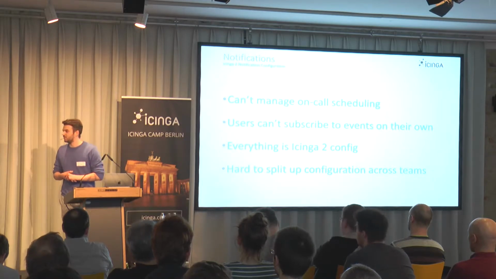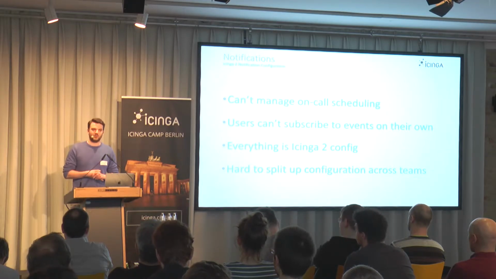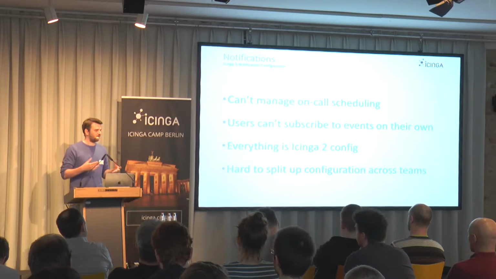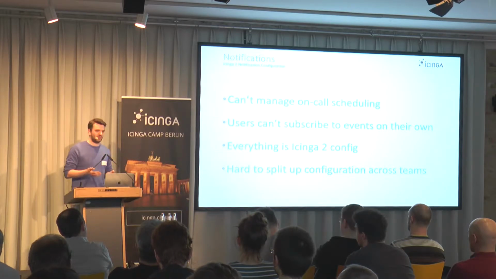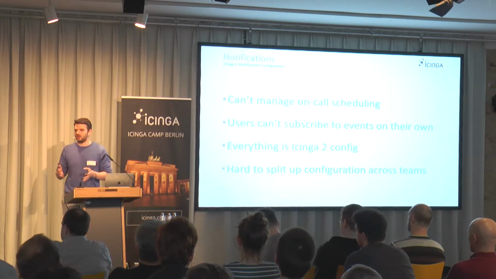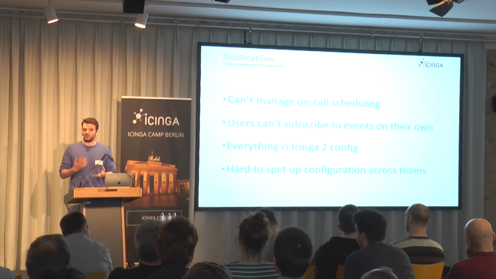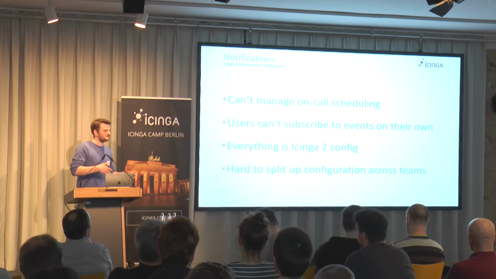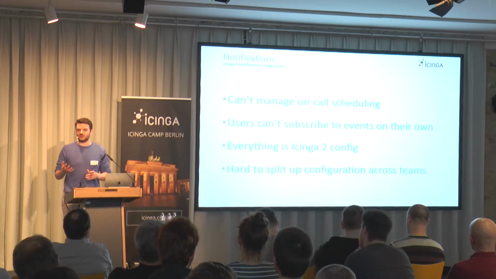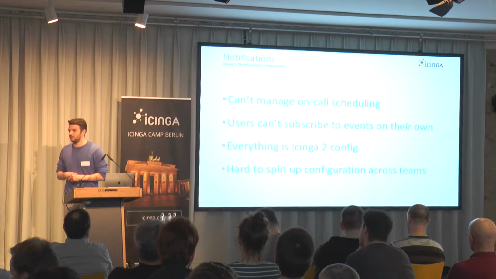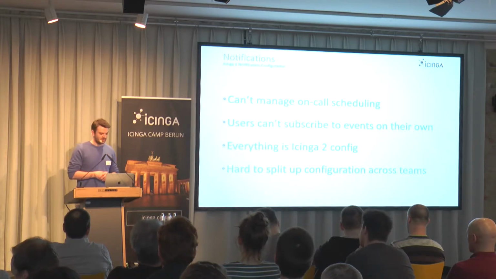Users don't have the possibility to subscribe to events or alerts on their own. So if someone configures notification methods for you, you don't have a chance to get alerted about other problems in the system you may be interested in. If you use services in your network pretty often and one goes down, you may be interested in getting notified about it as well.